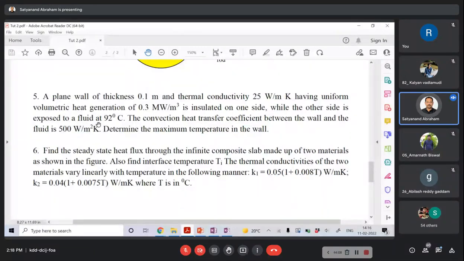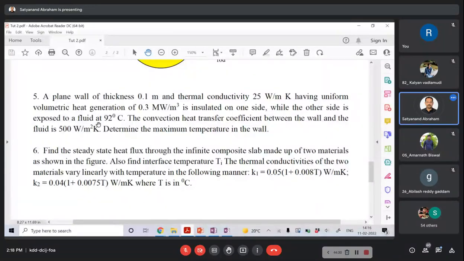Here we derived our equation such that insulation is at the point where x is equal to 0, right? Therefore into this equation we have to put x is equal to 0, and then you are going to get the maximum temperature. Obviously, you can do the other way also.